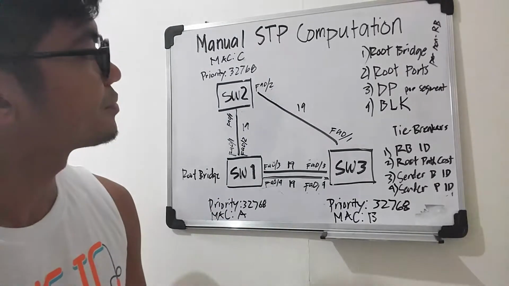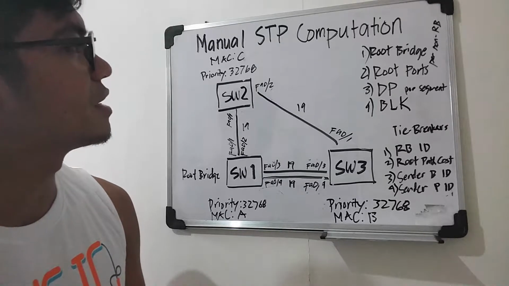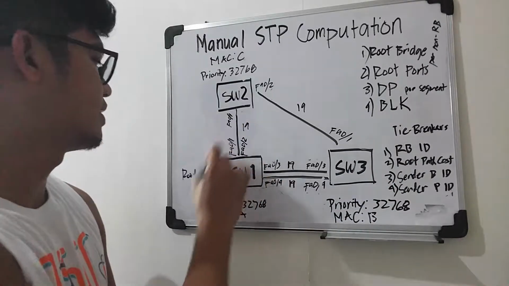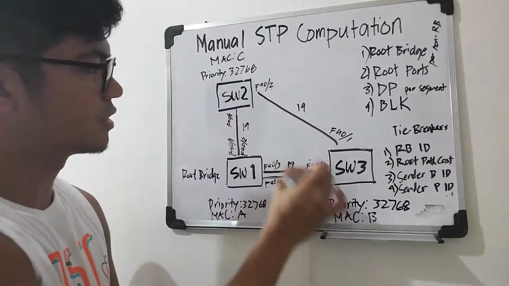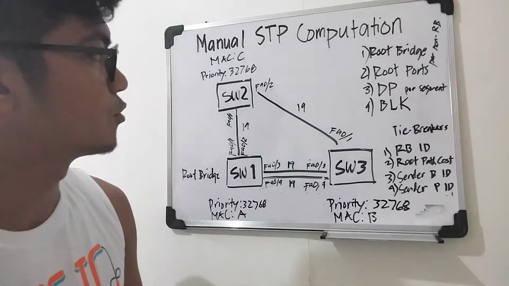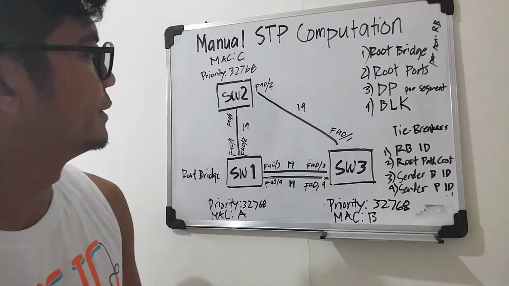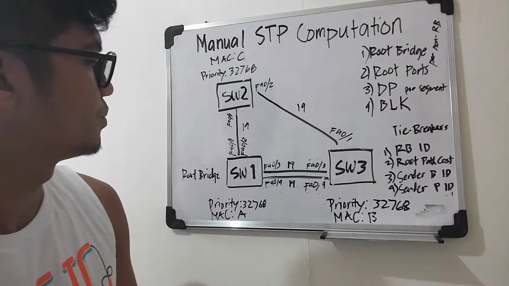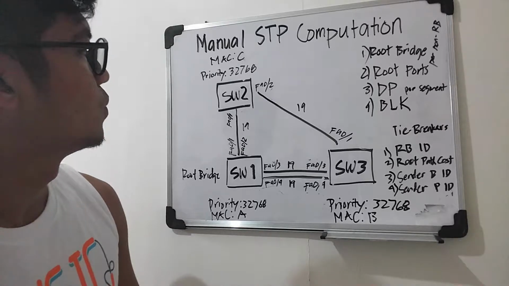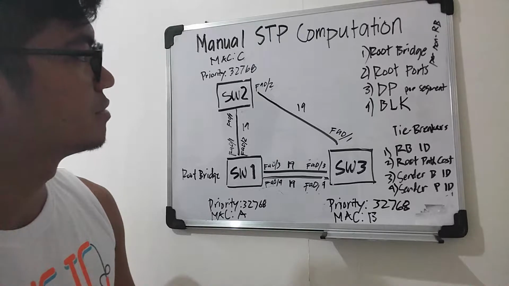The next step is identify the root ports for the non-root bridges. We know that this is the root bridge, so these are the non-root bridges. We need to identify the root ports, so we should also look at the path costs.